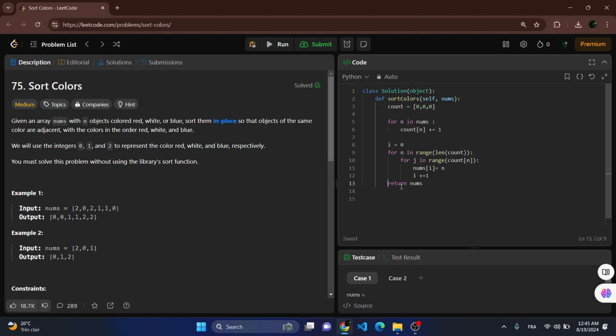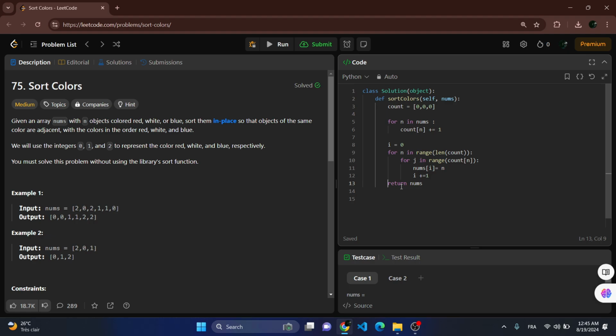In our solution, we first count the occurrences of each number using a simple for loop. Then we use another set of loops to place the numbers back into the array in sorted order. This approach is efficient because it only requires two passes over the data, one to count the numbers and the other to sort them.